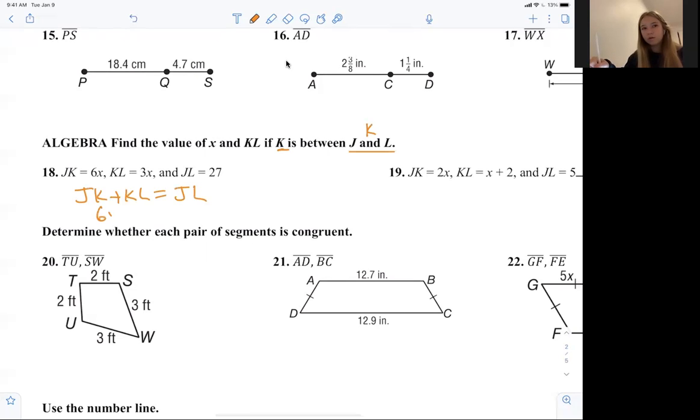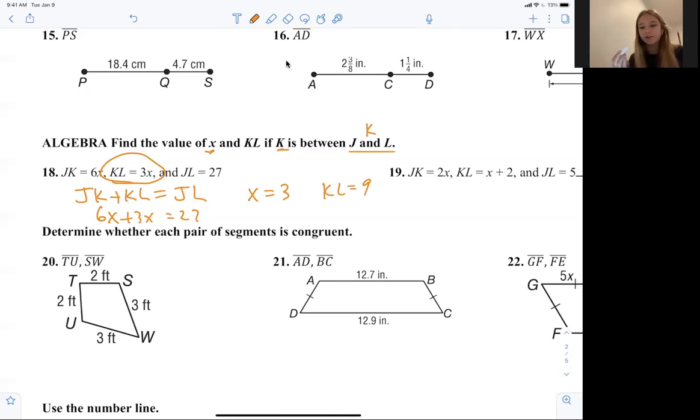So it's just 6X plus 3X equals 27. So obviously X equals 3. Now we need KL. KL is just 3X. So KL would equal 9.